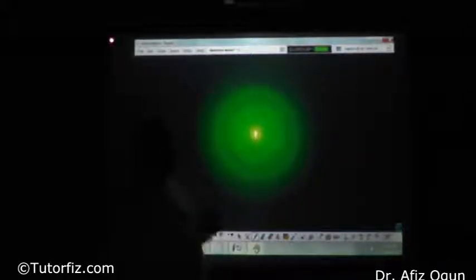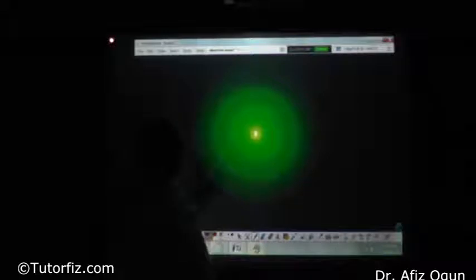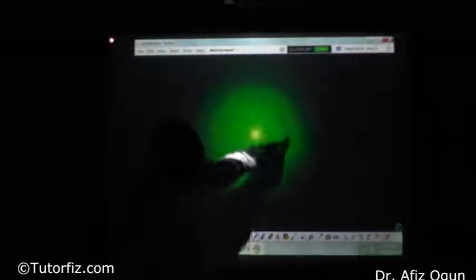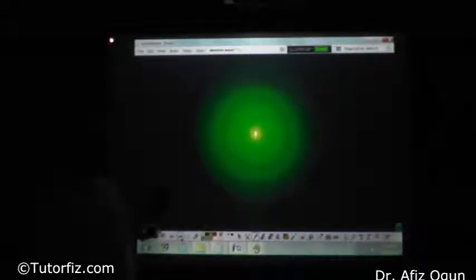Remember the single slit experiment. And the area of brightness is where the electrons interfere constructively, and the area of darkness is where the electrons interfere destructively. This is a wave property, interference and diffraction.